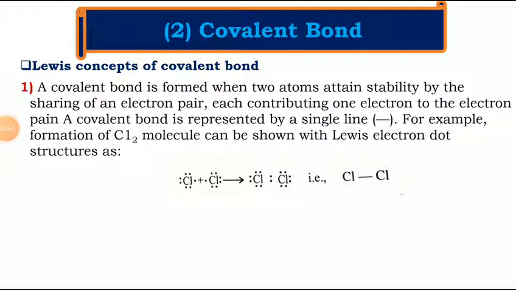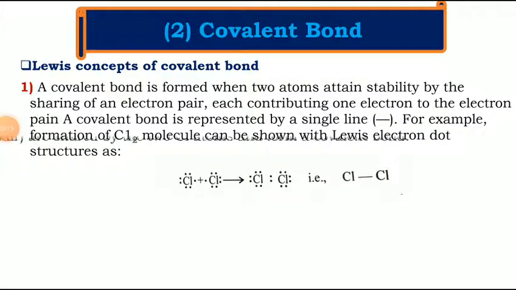Each chlorine has a total of 7 electrons around it. Of these, 6 electrons are in pairs, that is 3 pairs, and one is unpaired. When the unpaired electrons of the two chlorines combine with each other, the Cl2 molecule is formed.